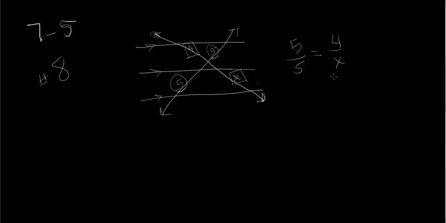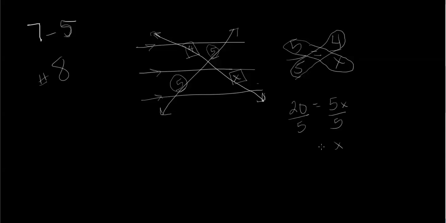Whenever you have a fraction equal to a fraction, we can solve it by cross multiplying. So I'm going to multiply 5 times 4, that's 20, and 5 times x, that's 5x. Divide each side by 5, and x equals 4.